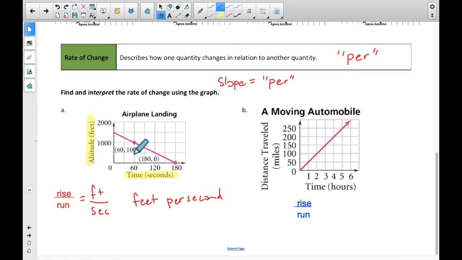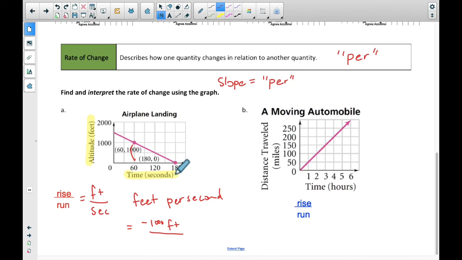Now you have to pay attention to the units. It's not going down 2, it's going down 1,000, because this is 1,000. So it's going down 1,000, and I'm going to put my units on there, that's feet. That's the rise or fall. And then the run is from 60 to 180. It's not 1, 2, 3, 4.